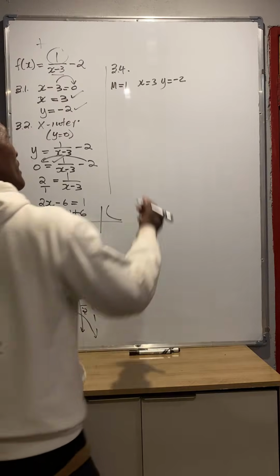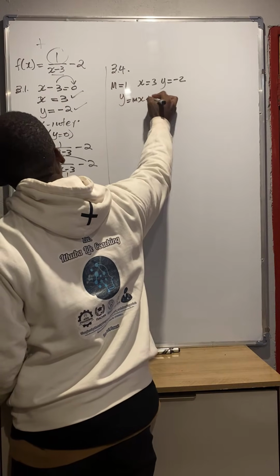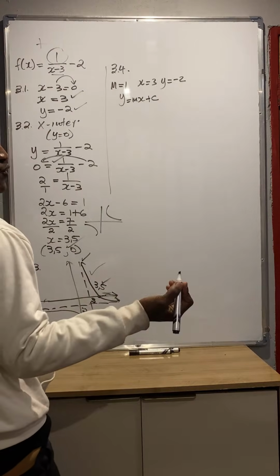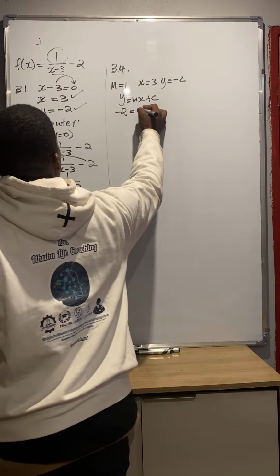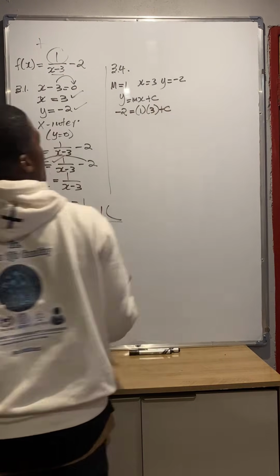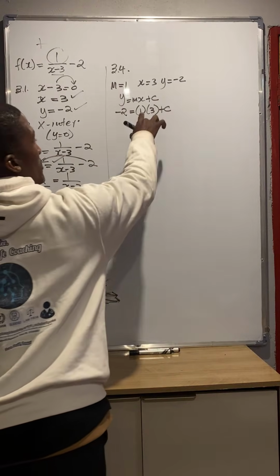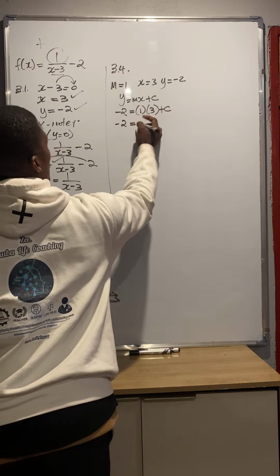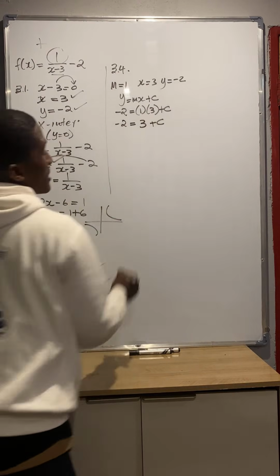Therefore, your equation is going to be y is equal to mx plus c. Then what do you do, family? You substitute. -2 is equal to 1 times 3 plus c, family. Then you multiply: -2 is equal to 1 multiplied by 3, which is 3, plus c.